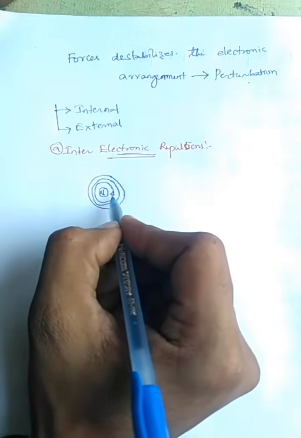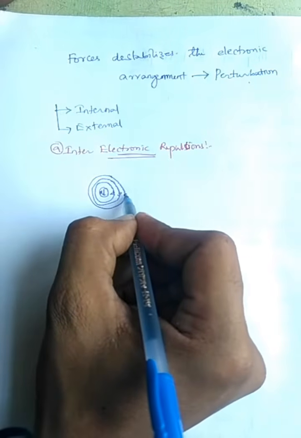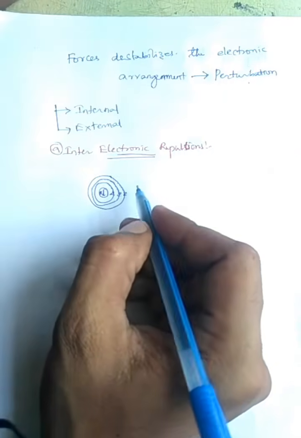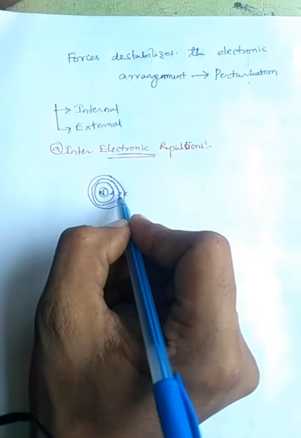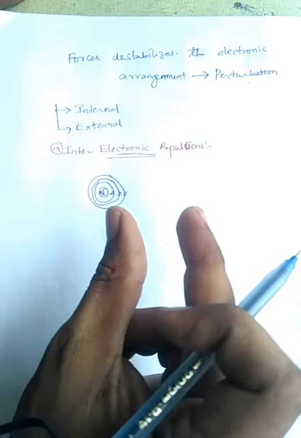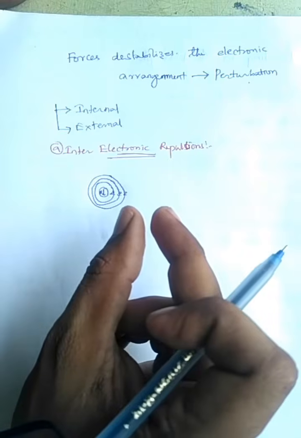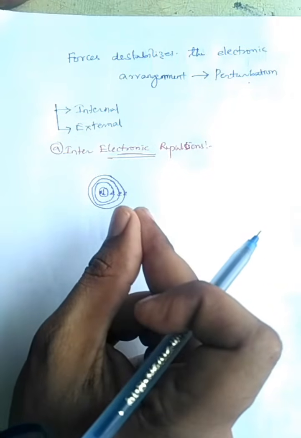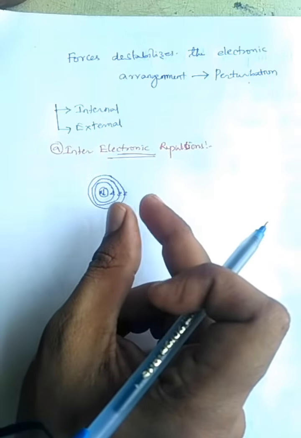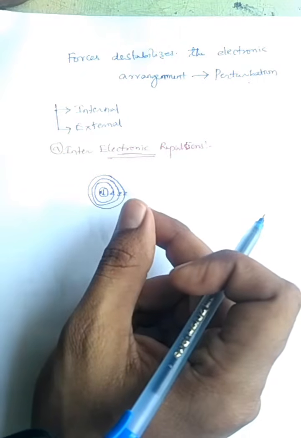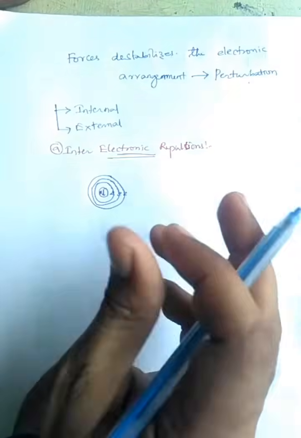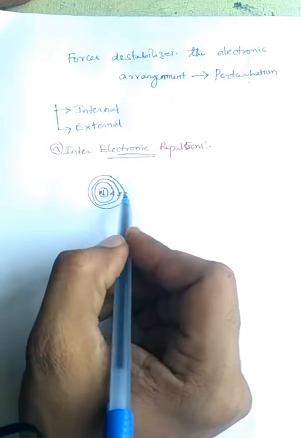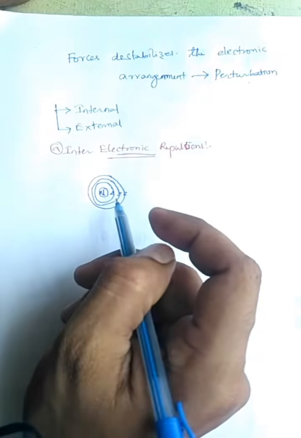The atom size is very small; the radii of atoms are counted in terms of angstroms, right? Angstrom units. The atoms consist of primary particles such as electrons, neutrons and protons, and many more.